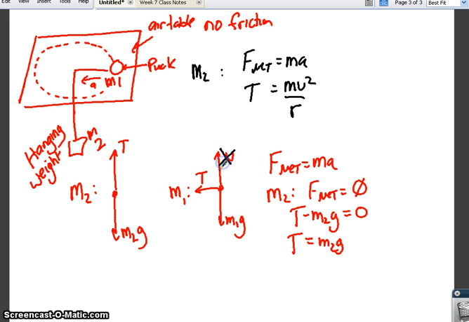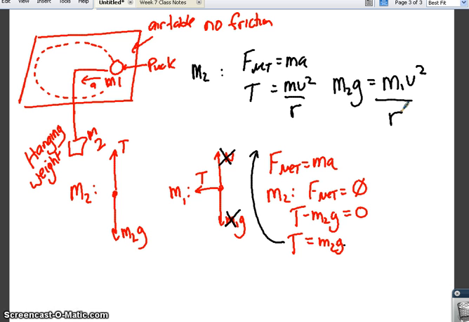Normal force and gravity are going to cancel out. That doesn't matter, they're not accelerating. We're not concerned about those. Tension is causing it to accelerate, and tension here is equal to M2g. So M2g equals M1 v squared over r. Depending on our velocity, radius, M1 and M2, we can solve for any one of these that we're looking for.